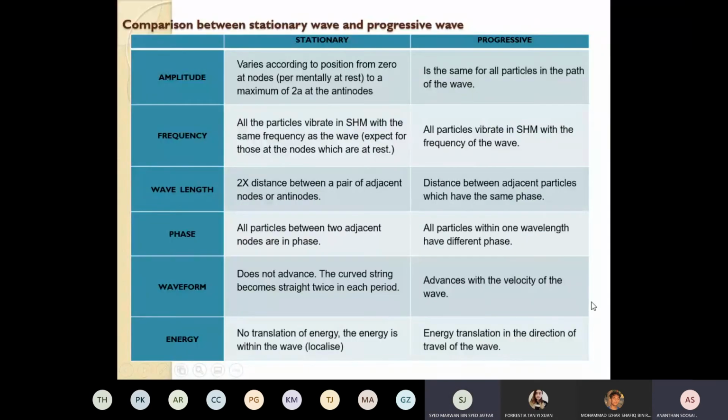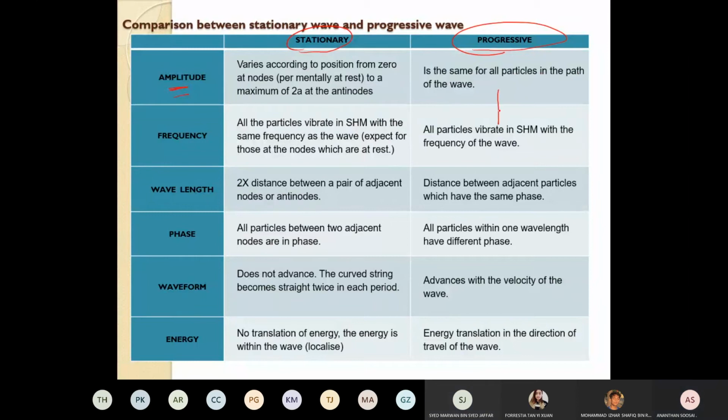This is very important. These are the differences between progressive wave and stationary wave. Look at the first point, amplitude. First is stationary wave, the other one is progressive wave. For a progressive wave, all the particles of the wave have the same amplitude.